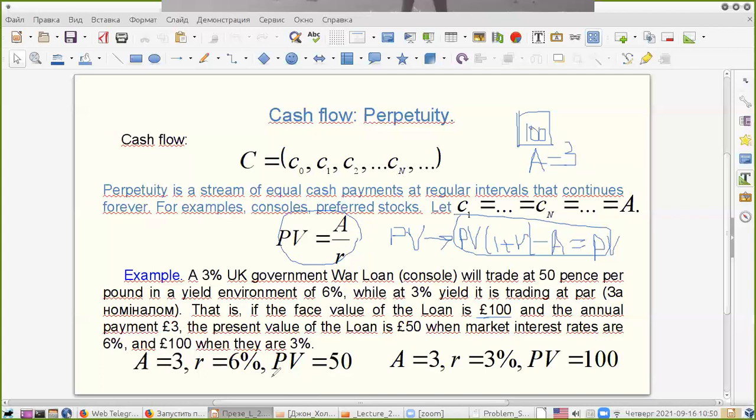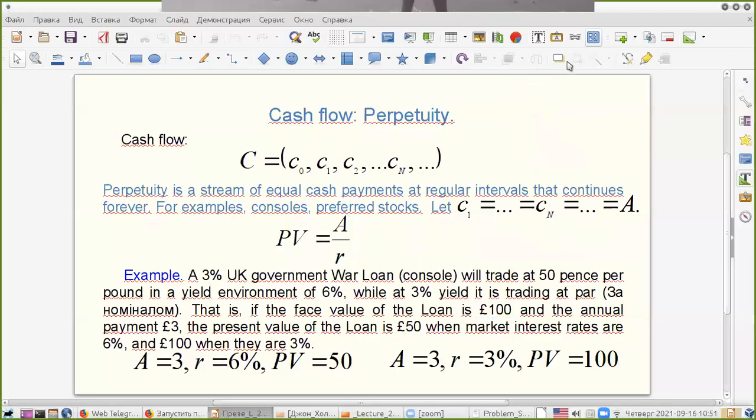The difference is only in this percent. So you can see that the price of this government bond is different too. This is 100, but this is 50 pence per pound. So you see that it is easy. We only use this formula.